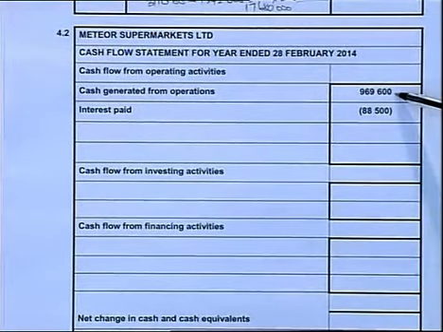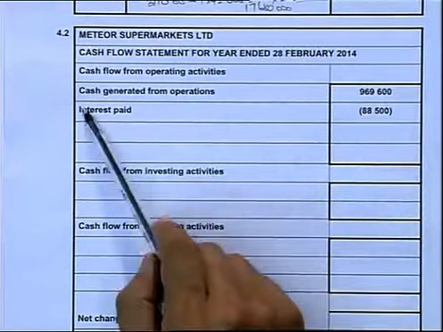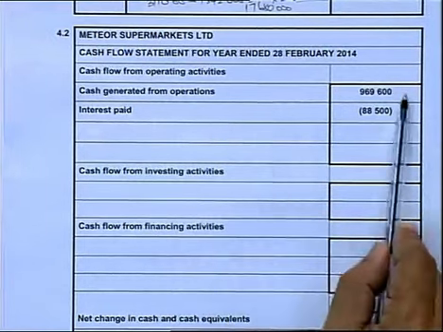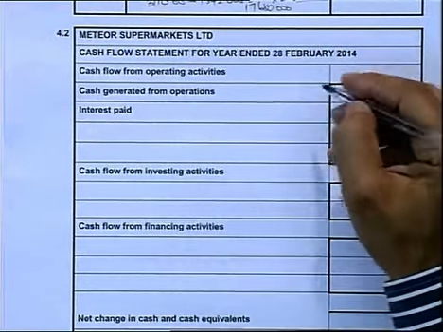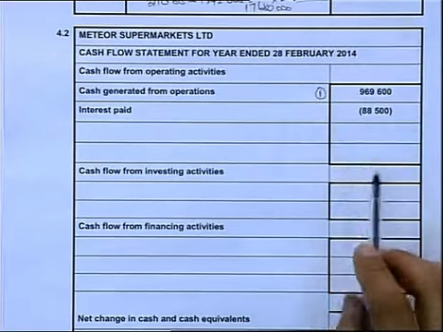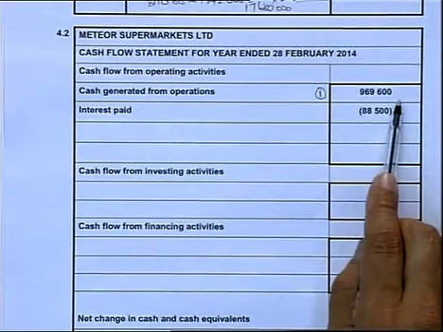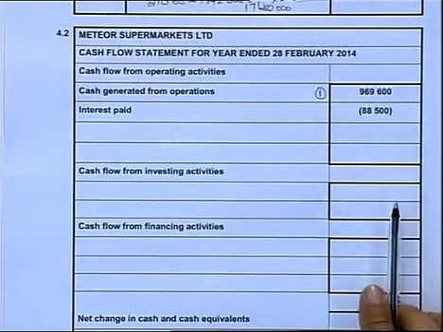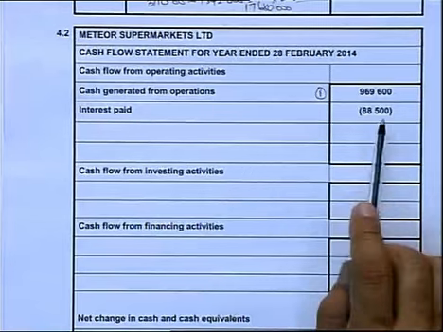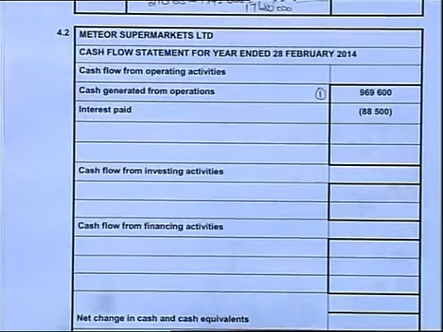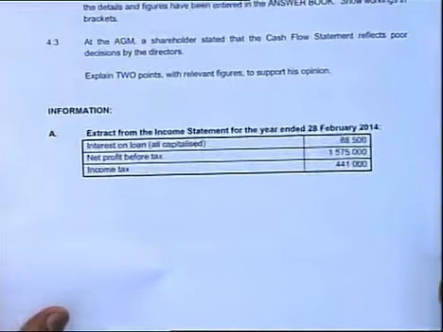We see that given is the note cash generated from operations, so that is generally note number 1 that comes from your cash flow. In this activity, that note was not necessary for us to do because they already gave us the final answer. Also the interest paid, that was also given, but we can also get that from the information. Right.